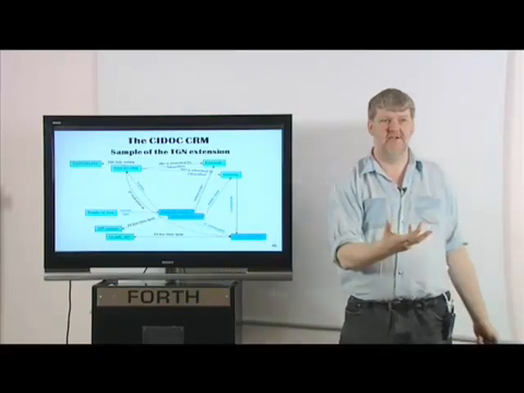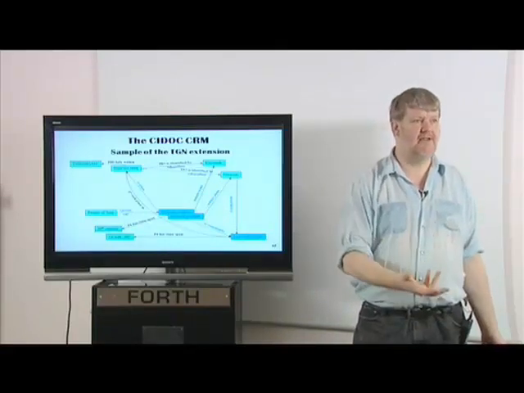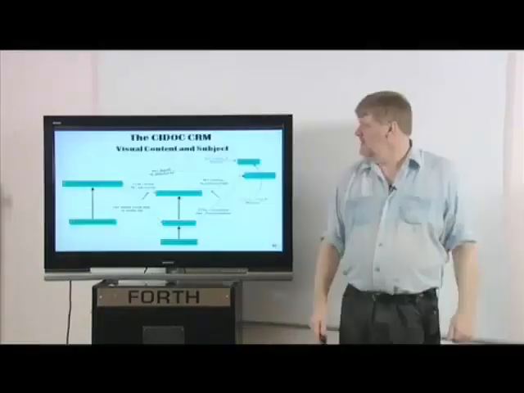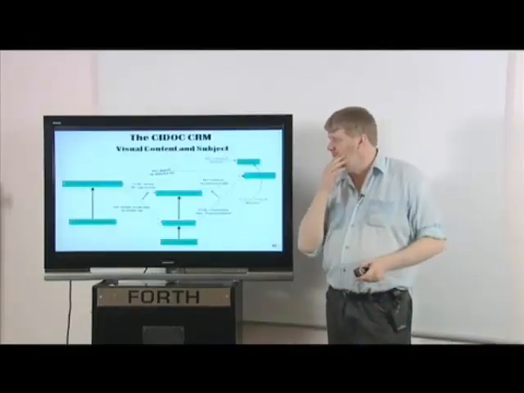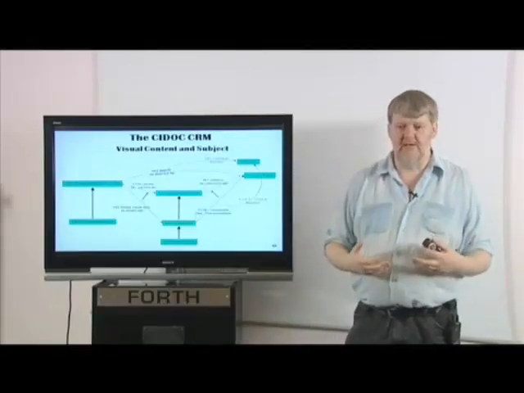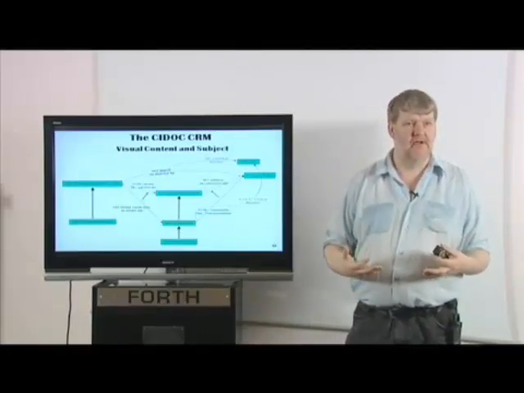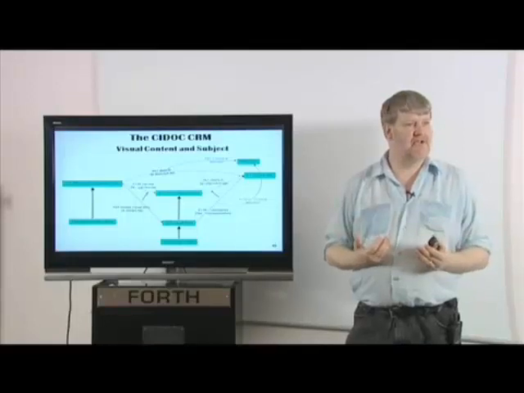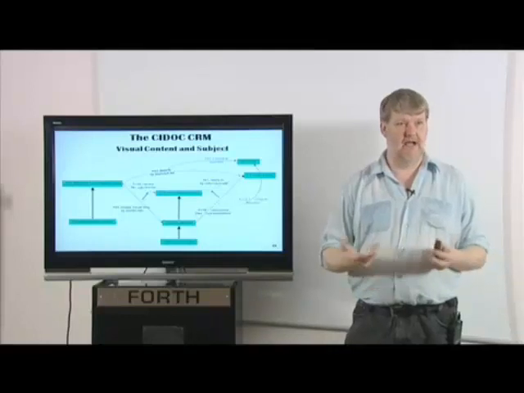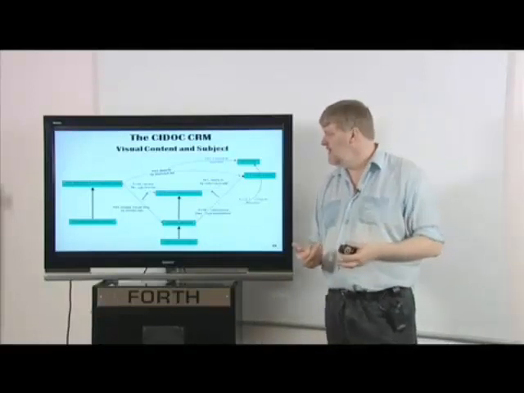So let's move on and think about visual content and the subject. This allows us to talk about how we can depict something on something else. Now remember we talked about information objects earlier, and we said an information object is something that's designed to carry some information, but we can also have an information carrier, and other things can carry information.